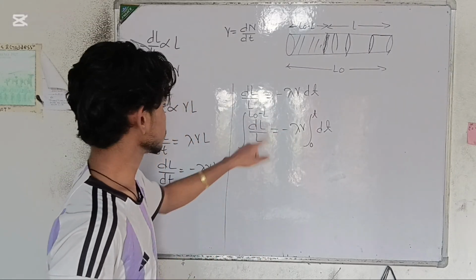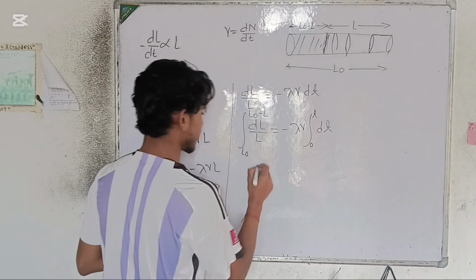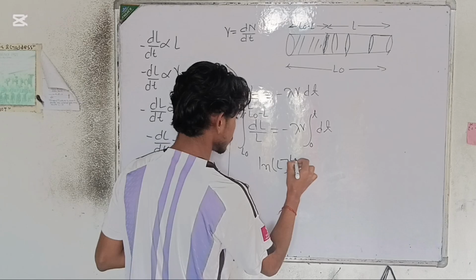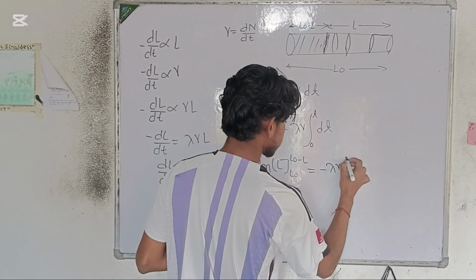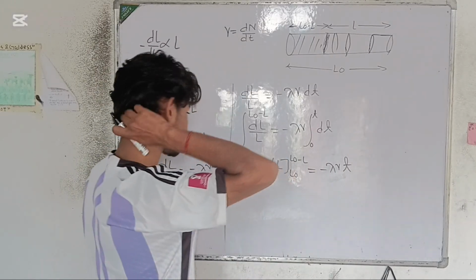If you know, the integration of dx over x is ln x. So it would be ln from L naught to L naught minus L, and that is minus lambda rt. This looks quite familiar.